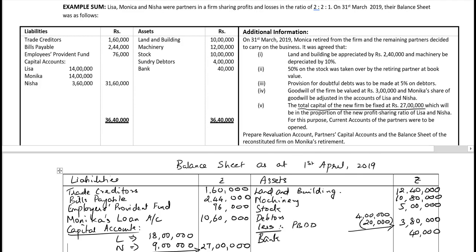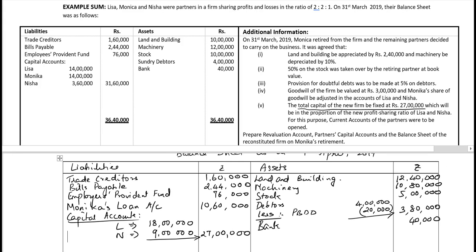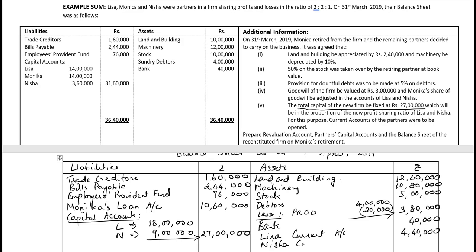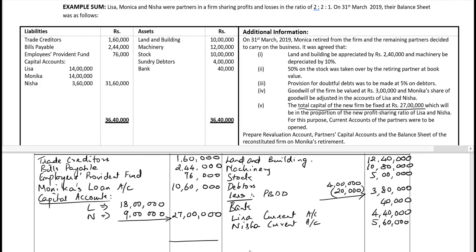Finally, let's insert Lisa's current account and Nisha's current account. We had debited these two current accounts, 4,40,000 and 5,60,000. Lisa's current account, 4,40,000 rupees, and Nisha's current account, 5,60,000 rupees. Let's check this balance sheet tallies.